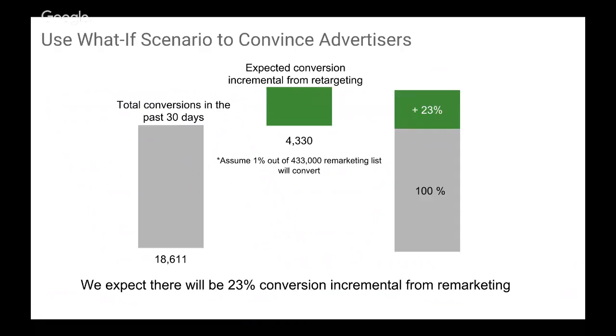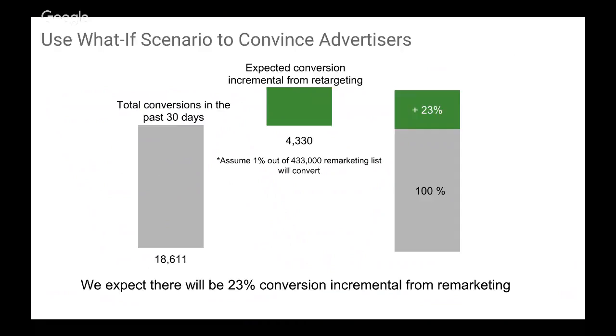For example, through the remarketing list that you have accumulated, say 433,000 remarketing users, assume that 1% of those 433,000 remarketing users will convert, they'll be able to achieve 4,300 conversions on top of your existing 18,000 conversions.